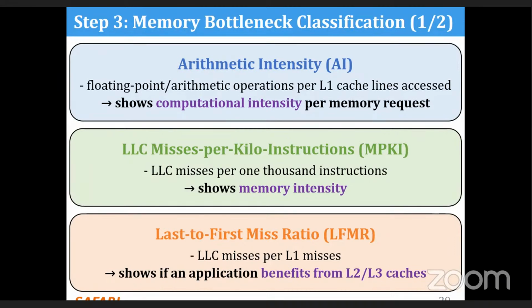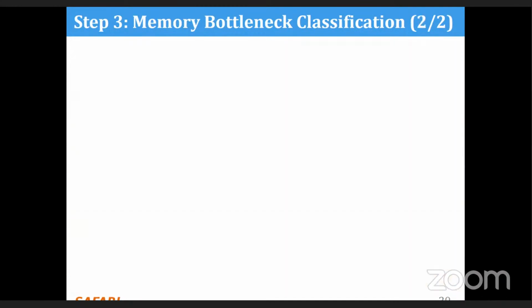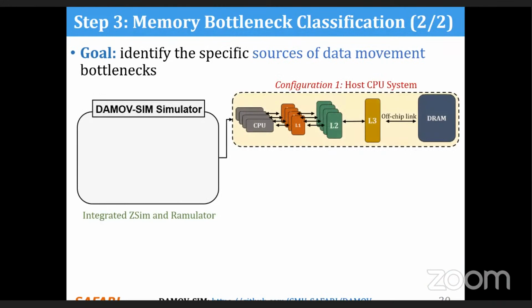What this means is that the cache hierarchy is not being useful. If it's low, it's the other way around. So if it's low, it's because whatever misses in L1 hits normally in L2 or in L3. So what it means is that the cache hierarchy is working well. So that's why this metric is useful, as you will see.